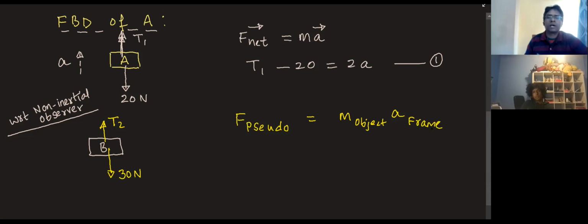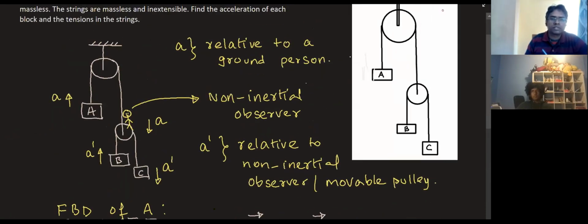I'm just imagining that there is an observer standing on the movable pulley. That movable pulley is going down with acceleration A. So B should also be going down with that acceleration, right? Fantastic. So B is definitely going down with that acceleration.